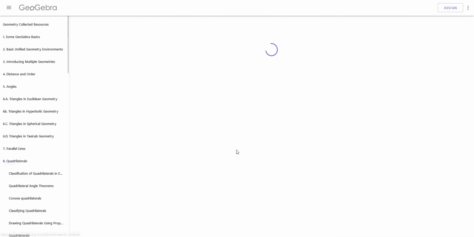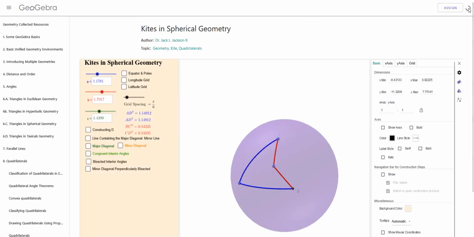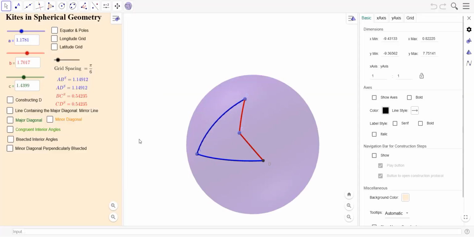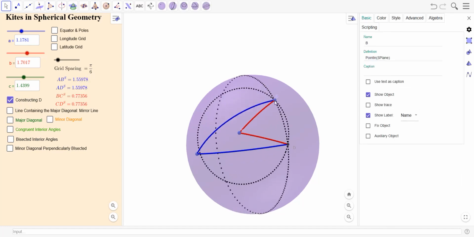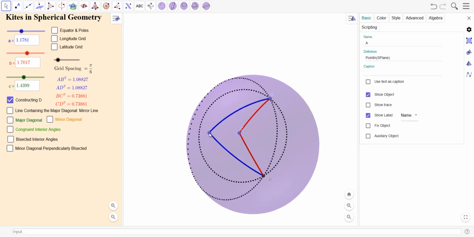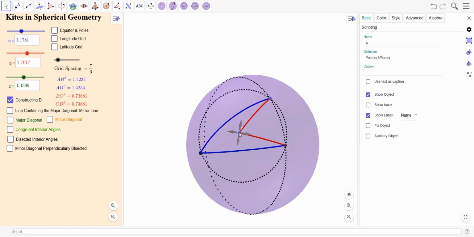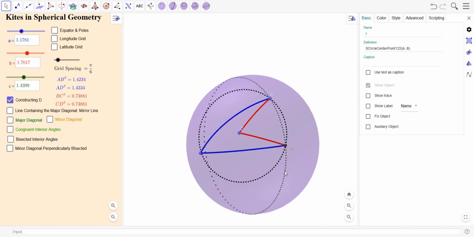How about spherical geometry? Well, I've got an investigation for that one too. So again, how do we construct D? We take A, B, and C to be any free points we want. And to get D, we take a circle centered at C of radius BC. That's this one.